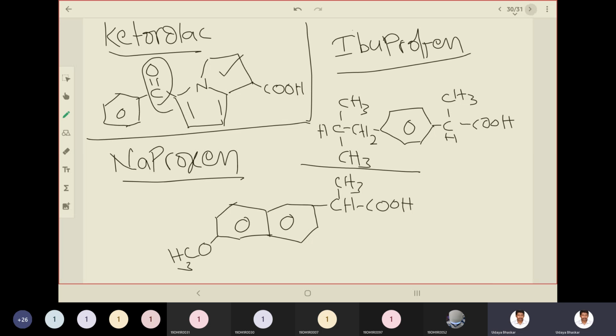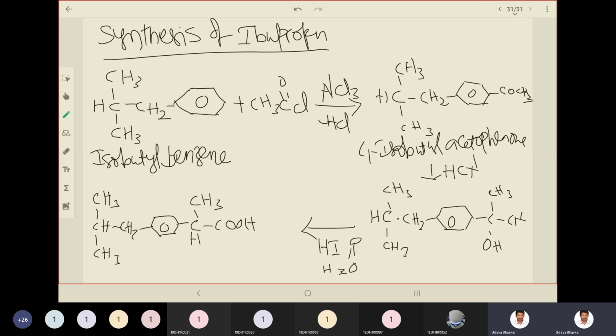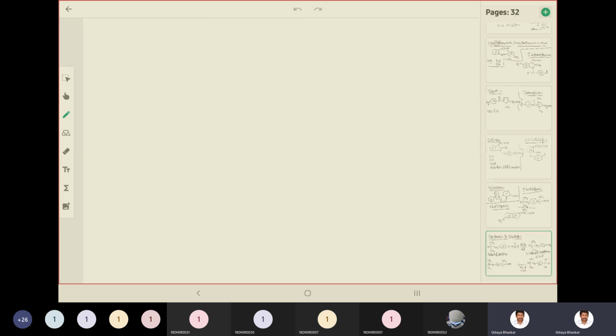So we got propionic acid attached as well as the isobutyl group attached to the phenyl ring at para positions. That makes ibuprofen. So we need to proceed after ibuprofen.